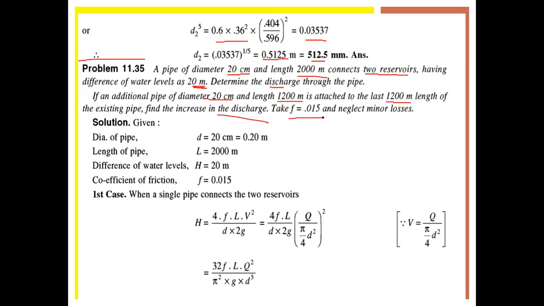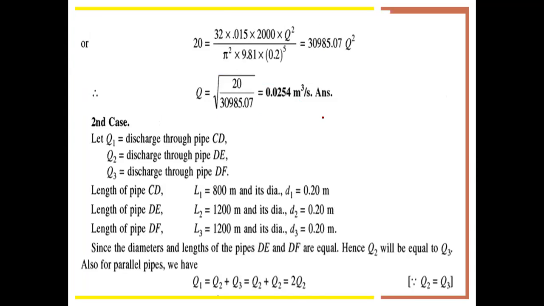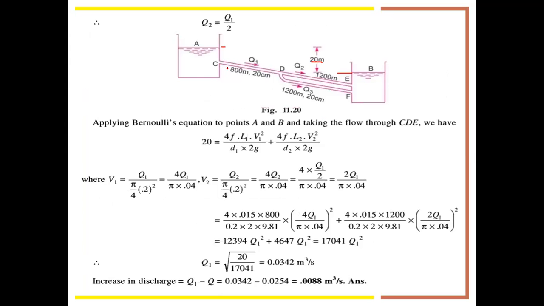So if we neglect minor losses, what remains? Friction loss, that is hf. It says 1200 meters, and at the last end you have the other 1200 meters.